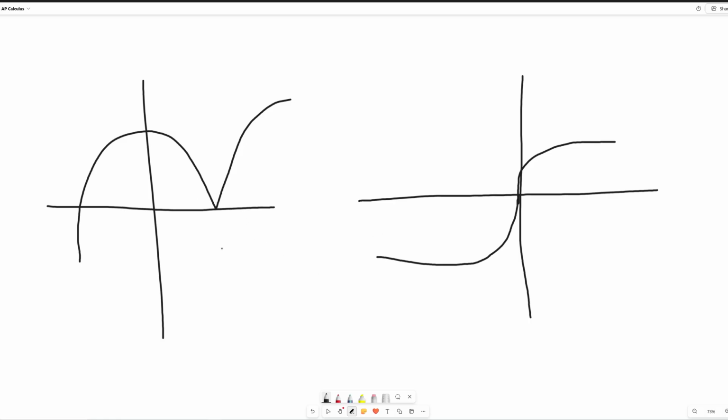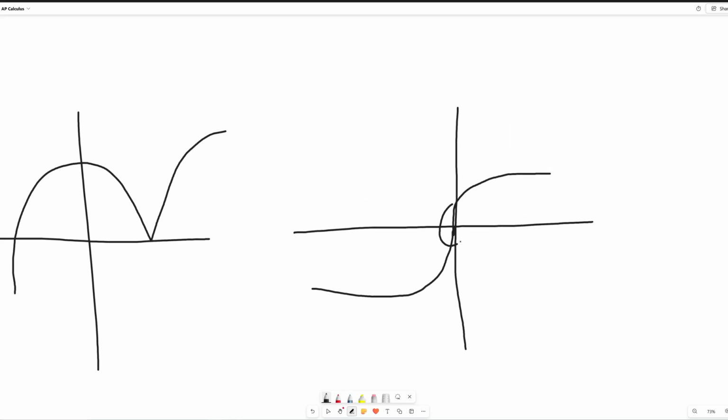This is not differentiable because how would it be? What is the derivative here? Is it 0? I mean, maybe, but nothing's really happening there. It goes from sharply decreasing to sharply increasing instantly. There's no smooth kind of curve. Here, you can find the derivative. It's going to be infinity because it's a vertical tangent.